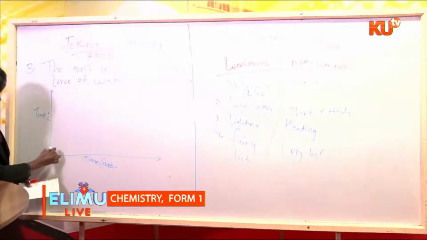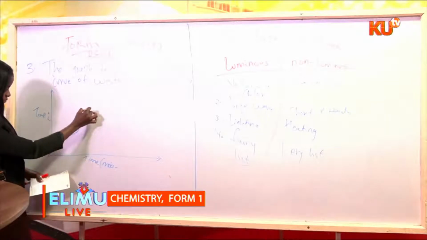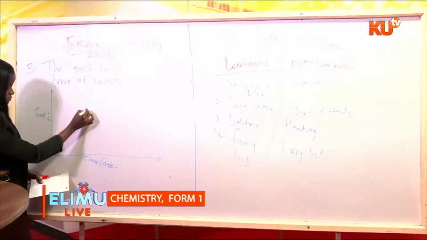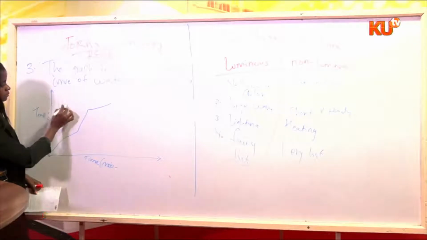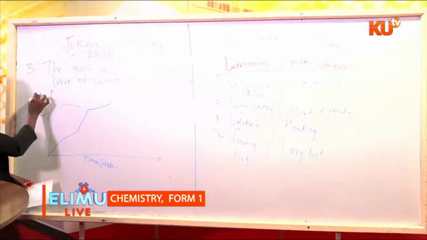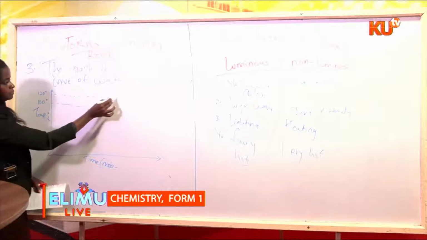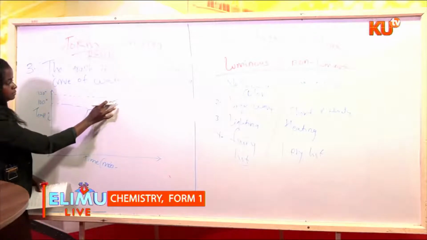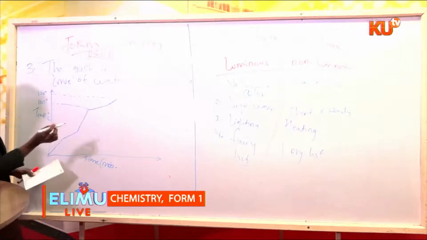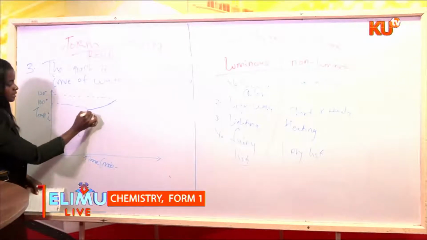So the curve looks like this, and this is point A, point B, C, D, and E.